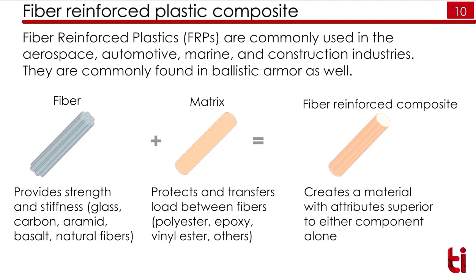As a result, we will get a fiber reinforced composite which has superior properties compared to the individual fiber and individual matrix. These fiber reinforced plastics are commonly used in aerospace, automotive, marine and construction industries, and also in ballistic armors.